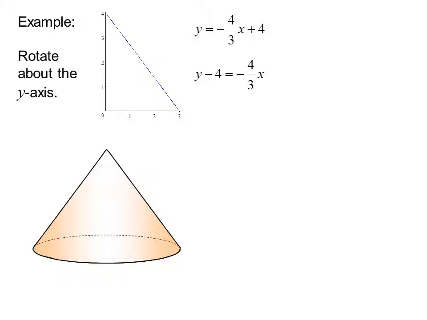We solve for x. y minus 4 equals negative 4/3 x, so x equals negative 3/4 y plus 3. So that will be the radius. dx dy equals negative 3/4.